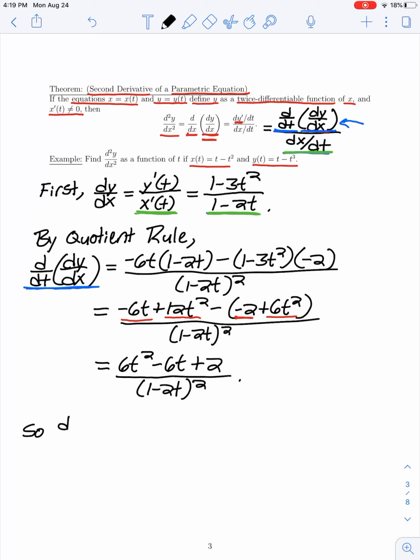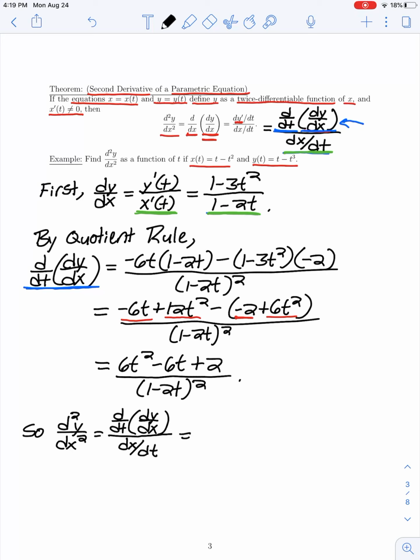So let's write out our answer. We have the second derivative of y with respect to x is given by, writing out our formula again, we take the derivative of dy/dx with respect to t, and then we divide by the derivative of x with respect to t.